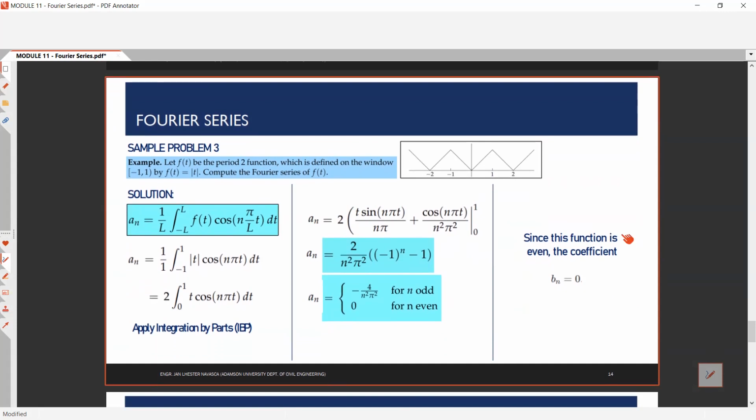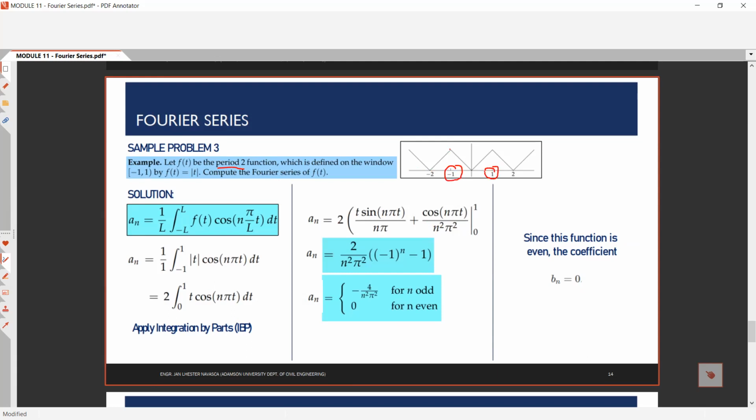Sige, for sample problem 3, let the function f of t be the period 2 function, which is defined on the window. So period 2 siya, ibig sabihin yung interval niya is from negative 1 to 1.